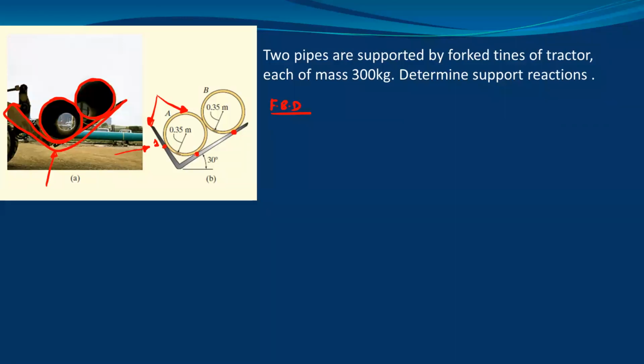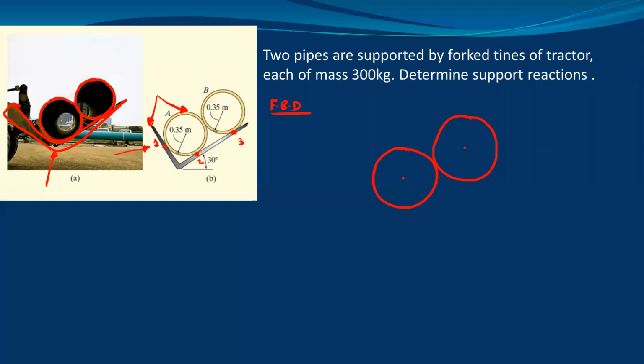So let us take this point 1, point 2, and this is point 3. At point 1, I will draw the free body diagram. Just draw the diagram for pipe A and pipe B. Now at point 1, we have the contact reaction.